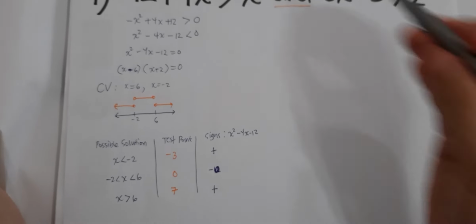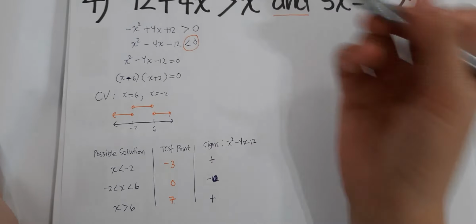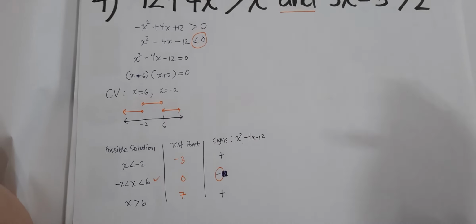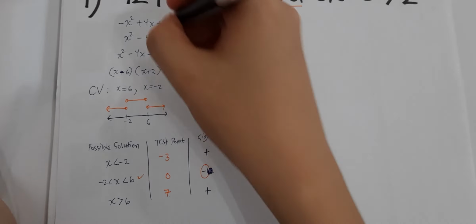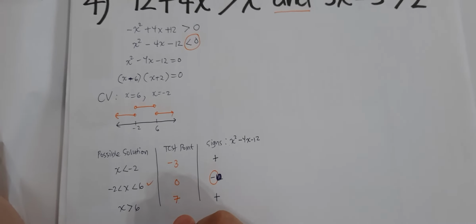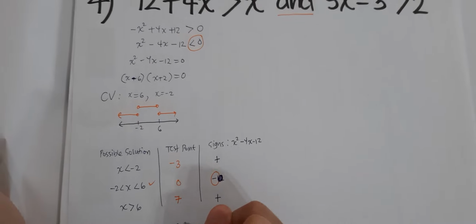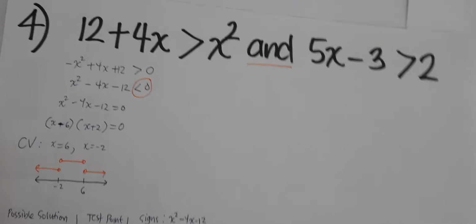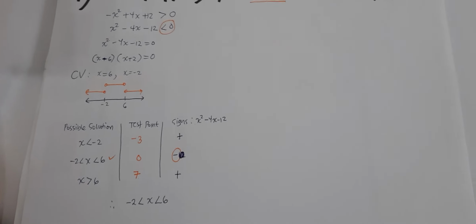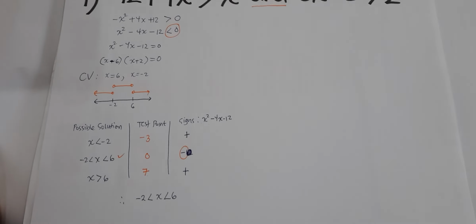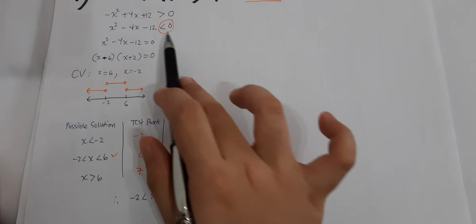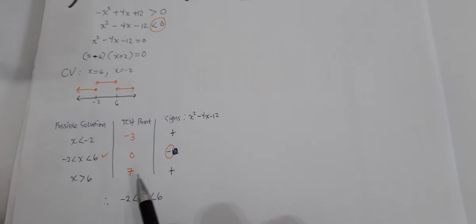Now, what do I need? The less than 0. So we need the negative, which is this one. So the solution for the first inequality is -2 to 6. But we are not yet done. So my first solution is -2 to 6 because it is the one with negative, which I need here, less than 0.